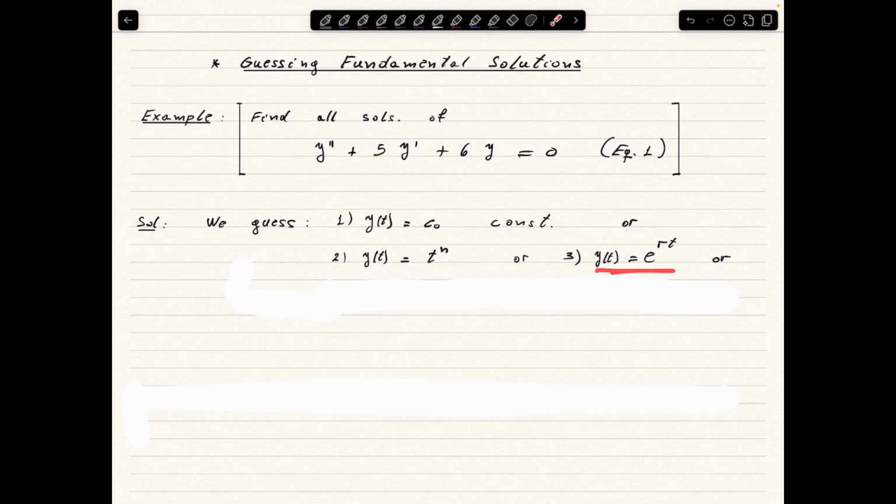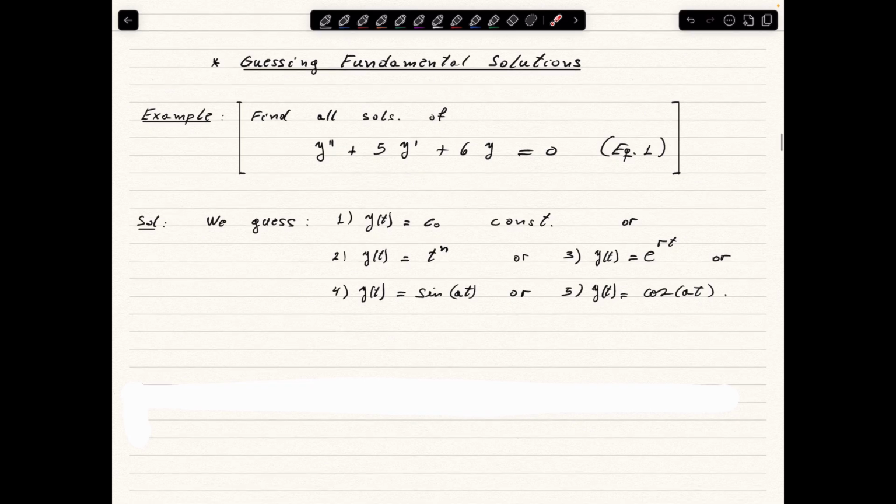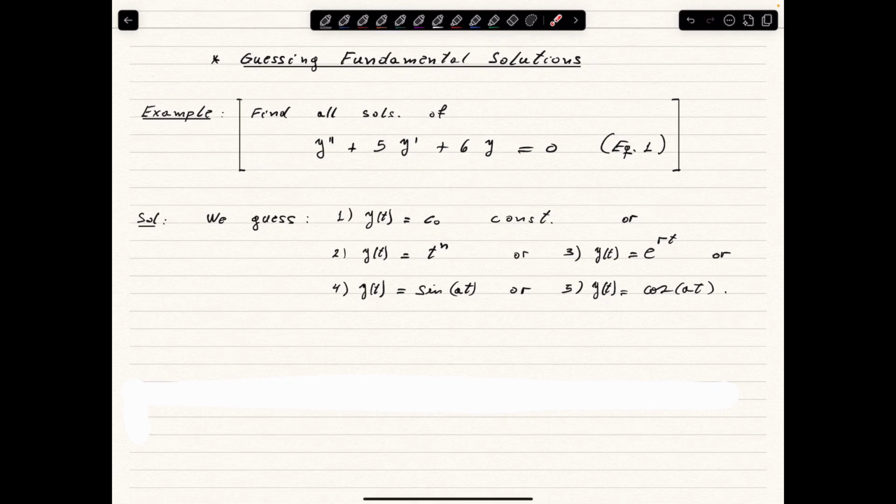If not, we are going to try exponentials, and if that doesn't work, we are going to try trigonometric functions like sine or cosine, and if that doesn't work, well, we don't know. Then we are stuck. So that's how guessing works with simple functions, and if it doesn't work, it does not work.